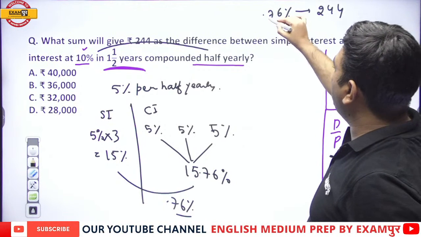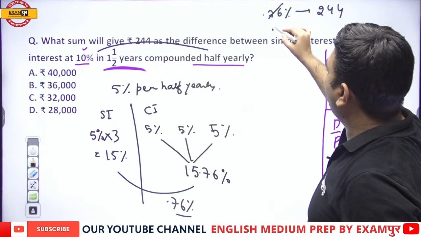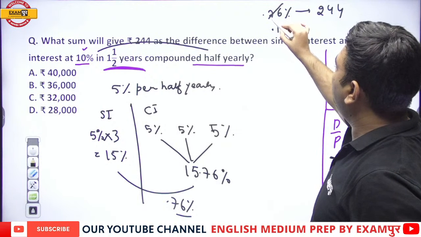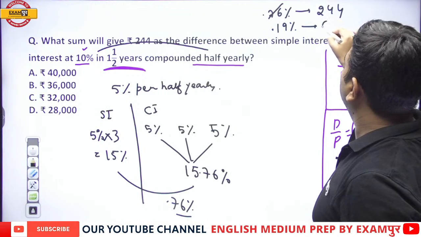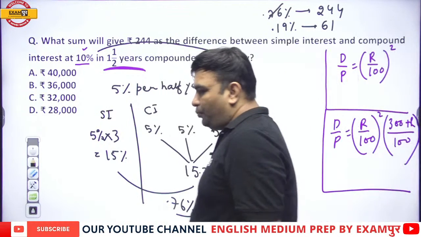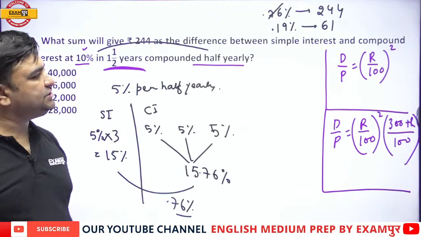Simplify, guys. Simplify by 4. So 0.19% is 61.